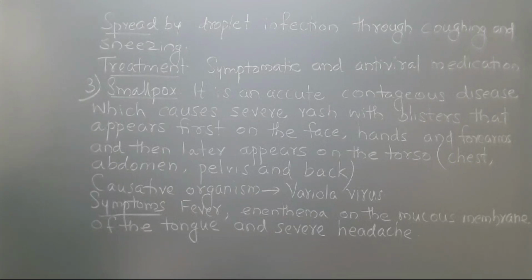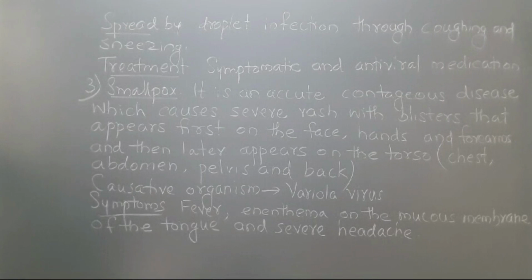Then treatment. Treatment is symptomatic and antiviral medications are also there. When rashes or itching are on the body, they will apply calamine lotion so that it soothes the body. Then you should drink plenty of fluid so that the body will be cool.